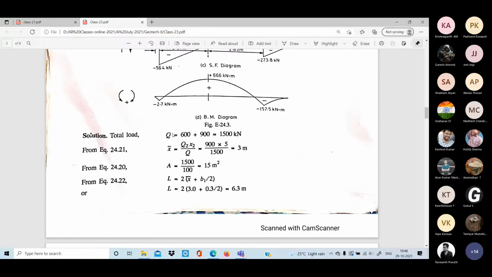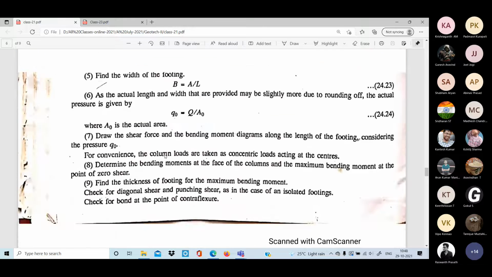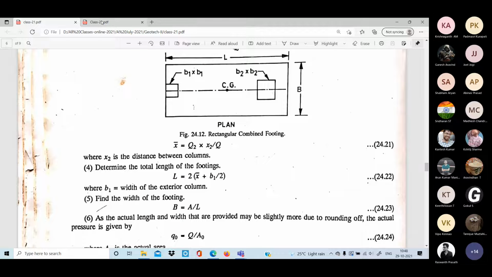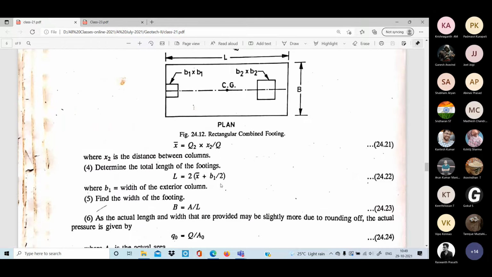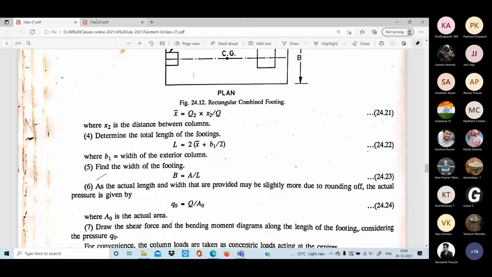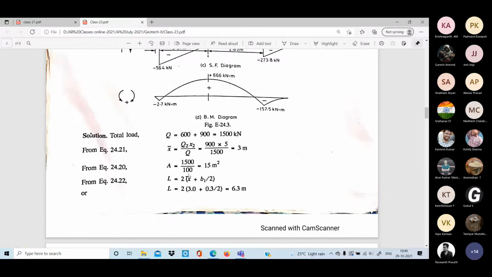If you look here, you follow one by one step here, okay. So q is nothing but q1 plus q2, and X bar, if you see this X bar we are calculating here, okay, X bar and all we are calculating here. Then after that A, we are calculating the area. Then after that we are calculating this L by using this one. So it's very simple, okay, nothing to worry much.